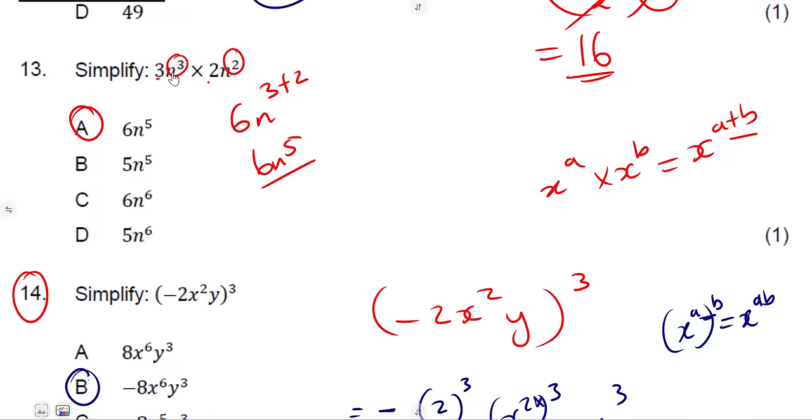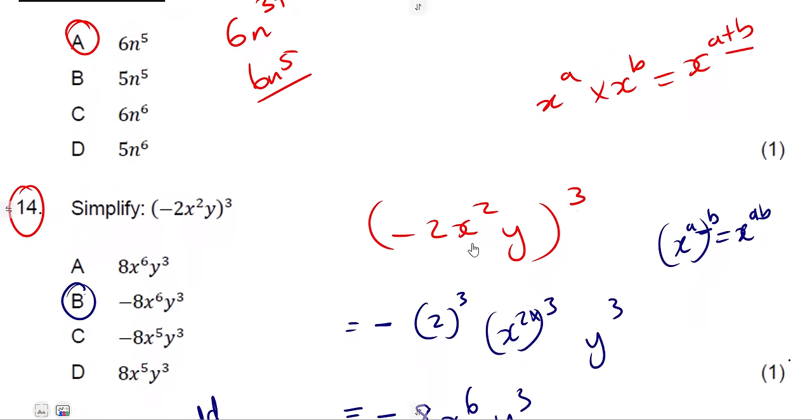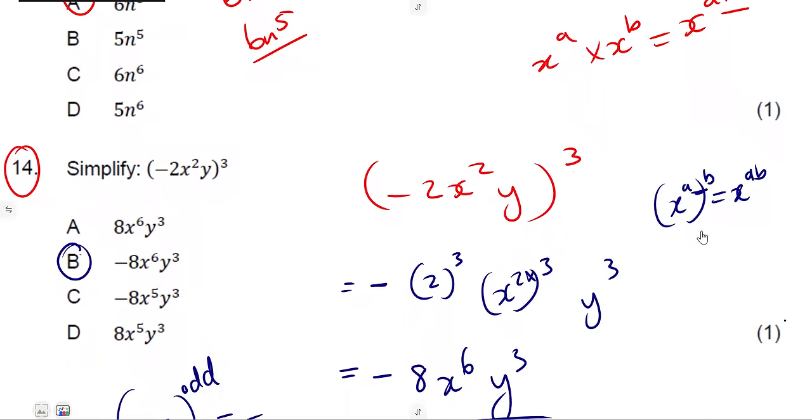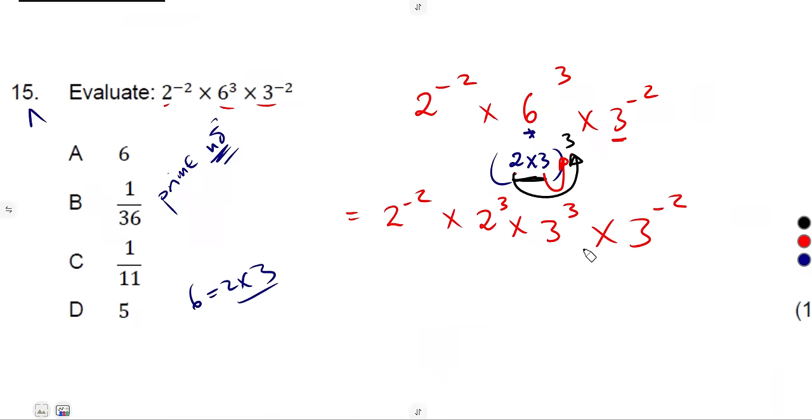We are multiplying, so we add the exponents. Isn't it, guys? It is the same thing. Multiplication where there are same bases. This is what we have: the same base, the base of 2. So you add the exponents there.